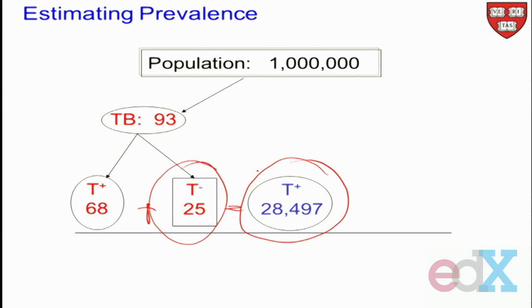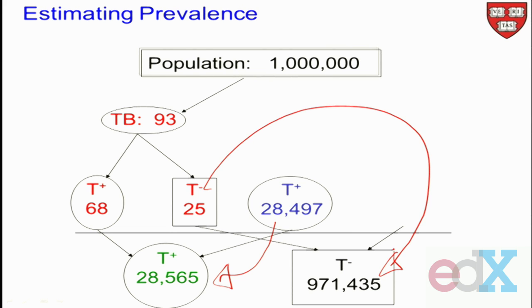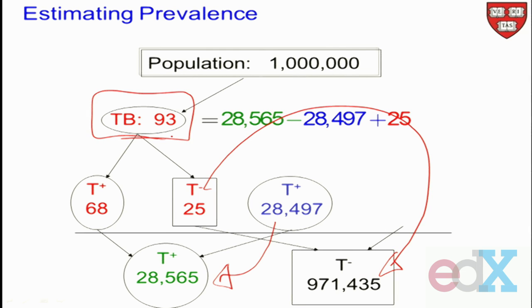So that's what we would love to do from the 28,565. So we are going to find these guys in here, and we're going to find these guys in there. All right? And if we do that, if we look at the 28,565, subtract the 28,497, add the 25, we'll be back to our 93, which is our true prevalence.